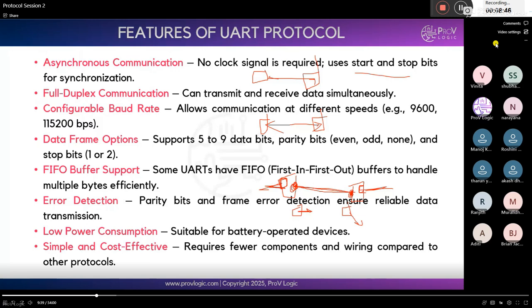Coming to the UART protocol, it is a full duplex communication. Yesterday we discussed half duplex, full duplex, and simplex, right? UART comes under full duplex. USB also comes under full duplex. Whatever external devices we are communicating with, it comes under full duplex.